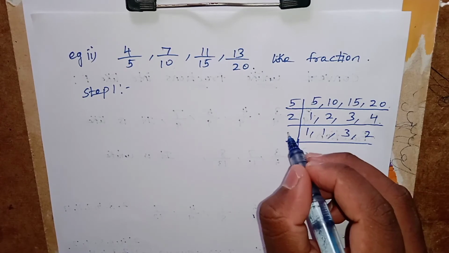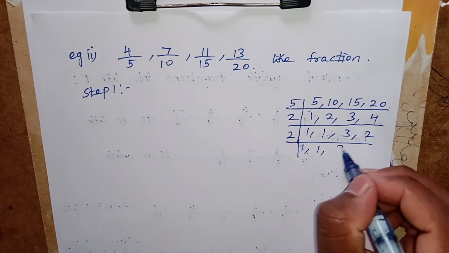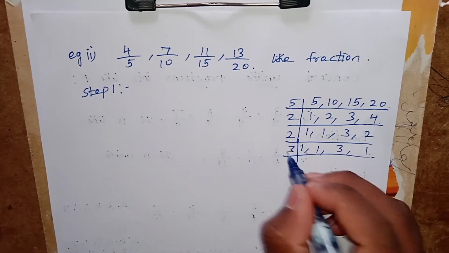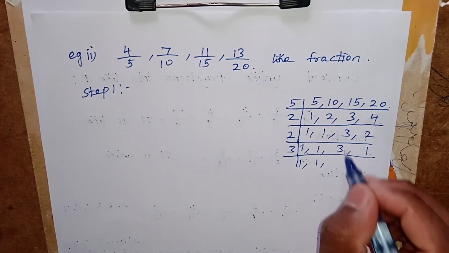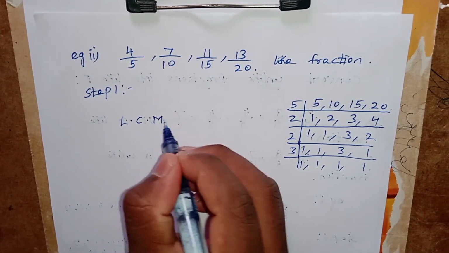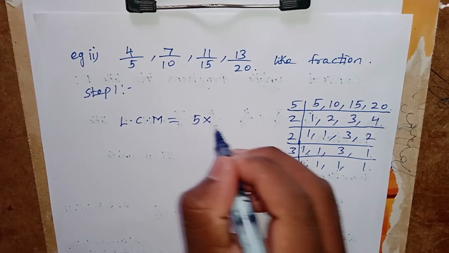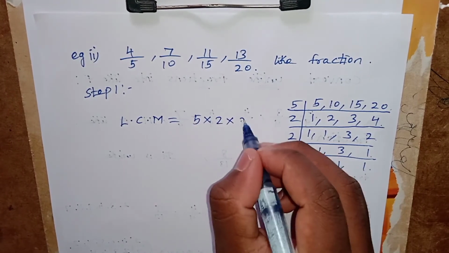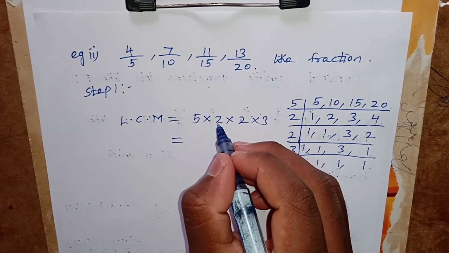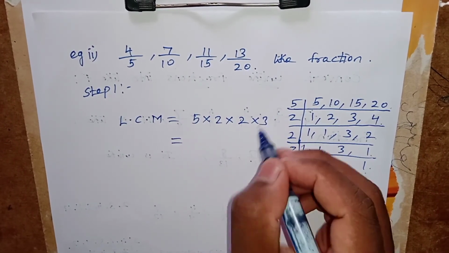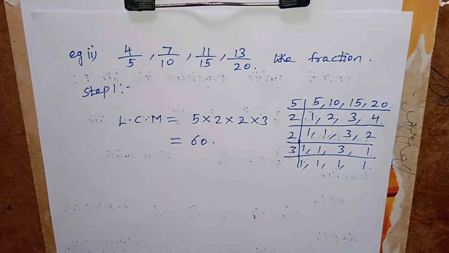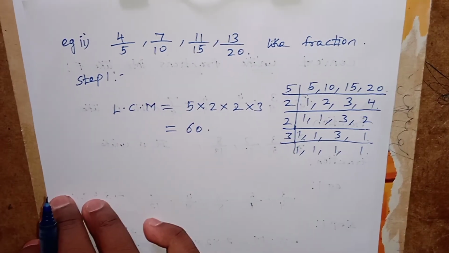Again 2, 1, 1, 1. Okay, here it is an odd number. Therefore I am taking 3 now. 3 1s are 3. Therefore our LCM is equal to 5 into 2 into 2 into 3. 5 2s are 10. Here 10 into 6 is 60. Okay, our LCM is here 60.